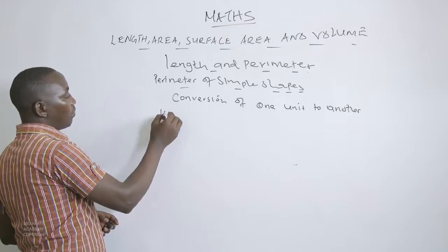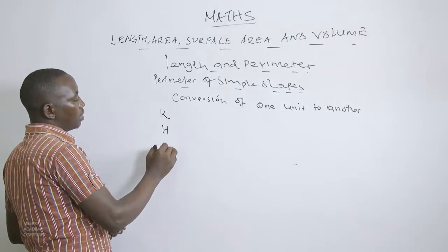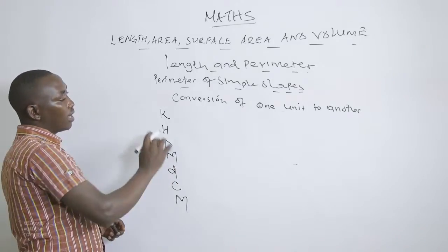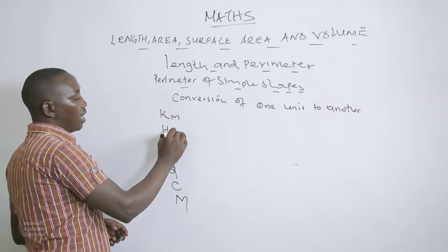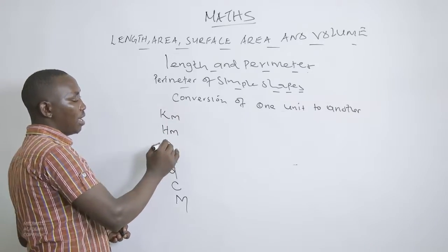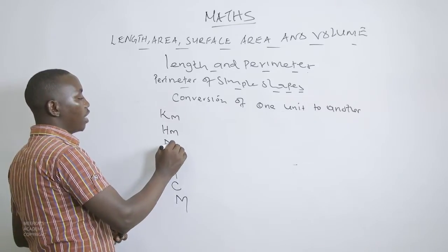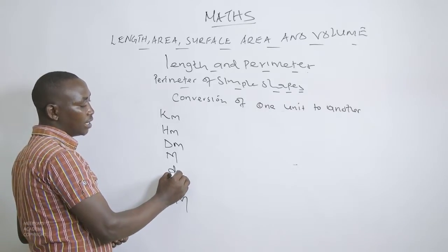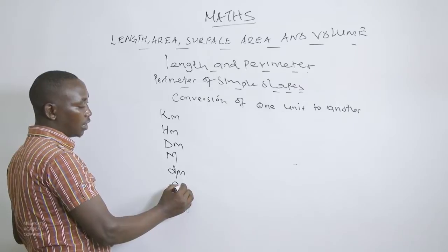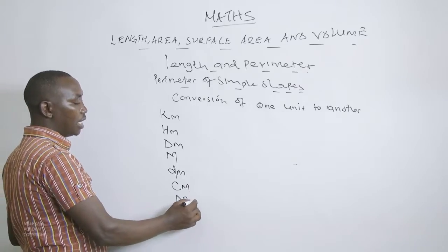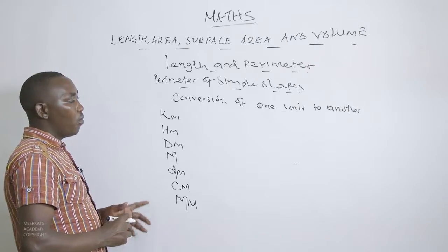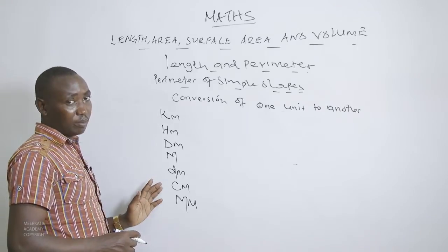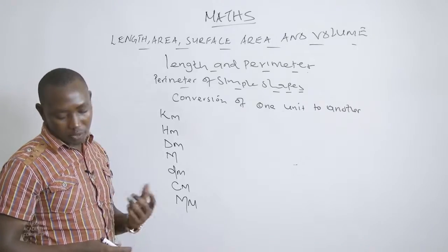We had talked of K, where K stands in for kilometer, H stands in for hectometer, capital D stands in for decameter, that is meters, then small d standing for decimeter, then C stands in for centimeter, then another M stands in for millimeter. We can be able to use these listed items to be able to convert from one unit to another.